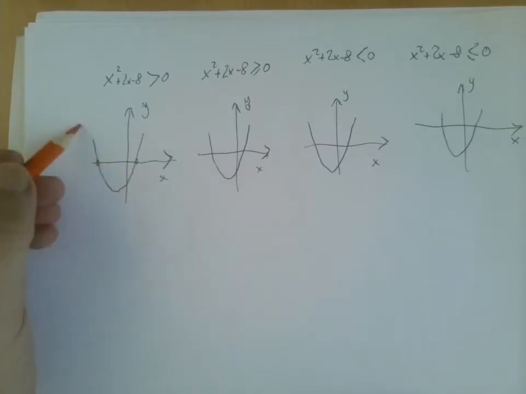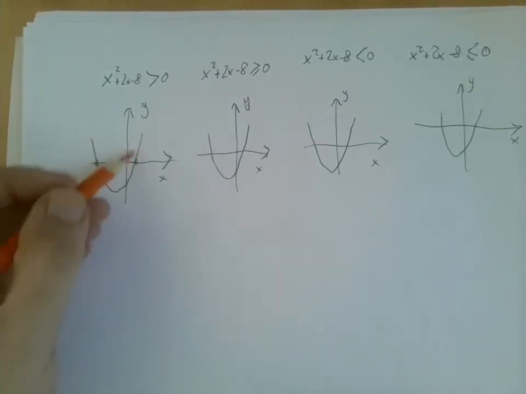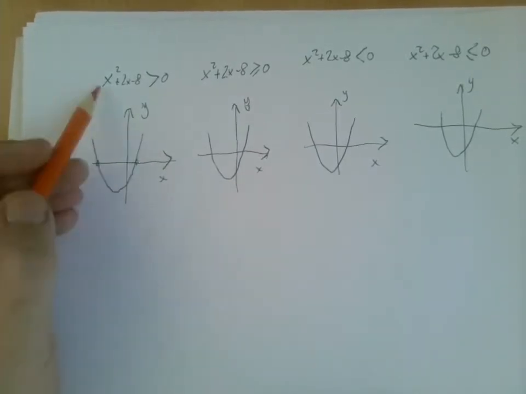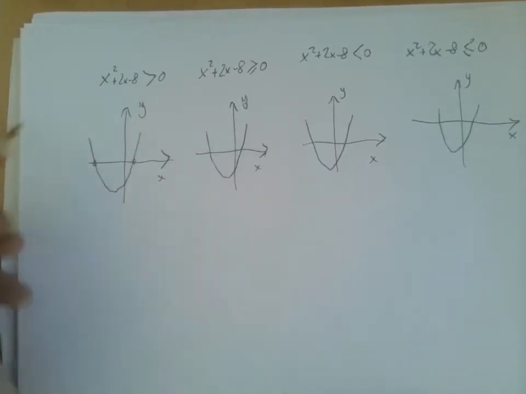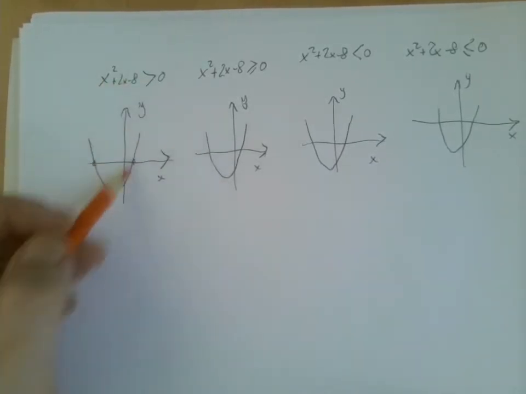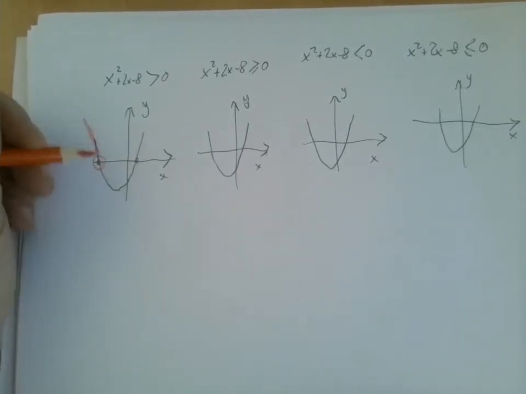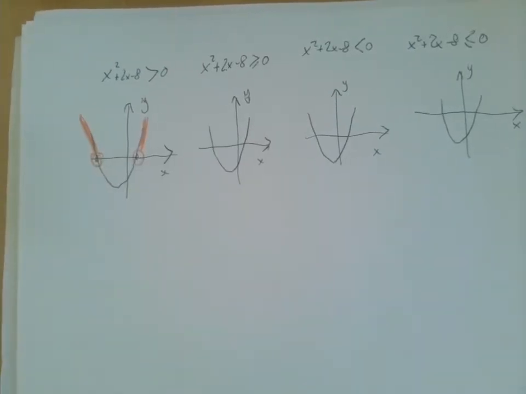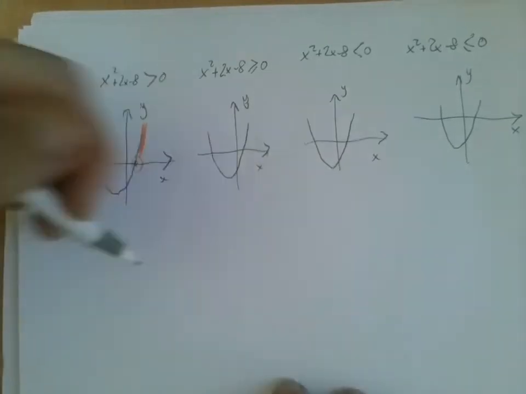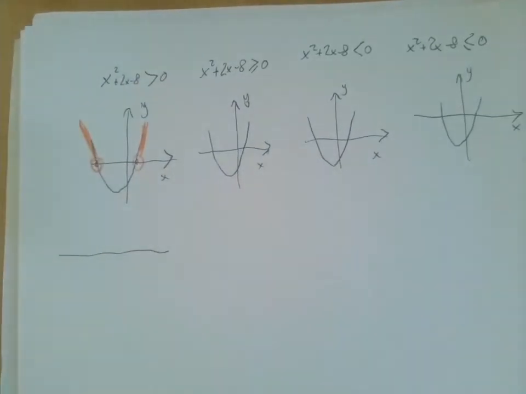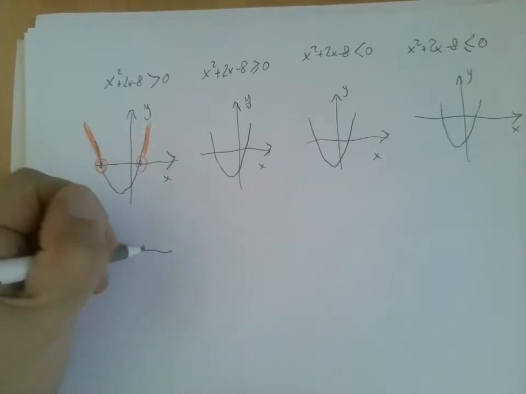Let us remind ourselves that on this curve, the y-coordinate is always x squared plus 2x minus 8. So this expression being positive on this parabola is the same as y being positive, and that is here. Now if we project this to the x-axis, we want only the x-coordinates.